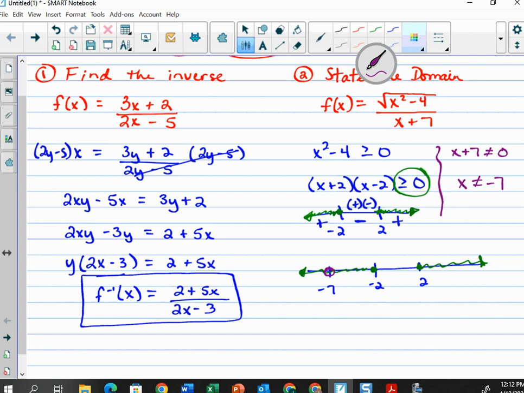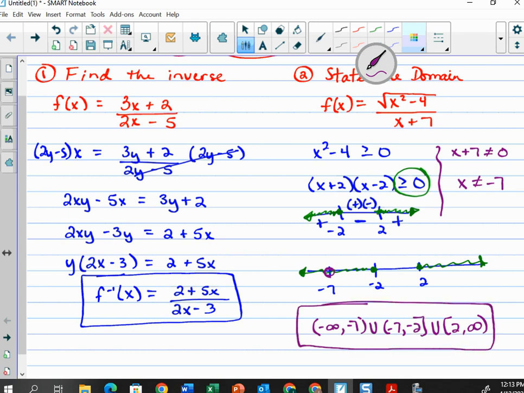That means you have a little open circle at negative 7. So how do I write my domain? Yep, with a parenthesis on it, right? Perfect. Yay!